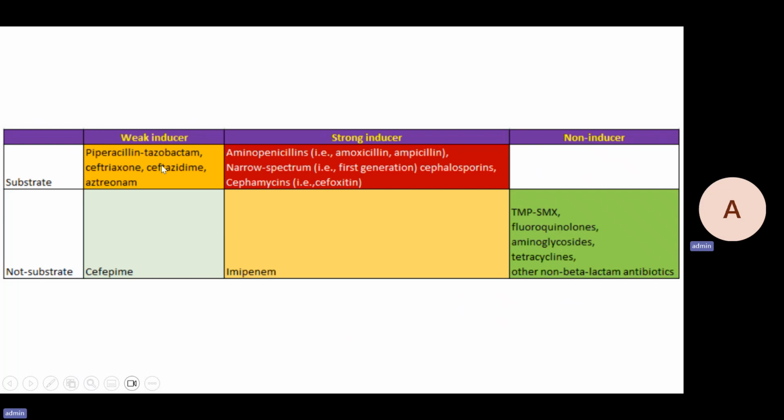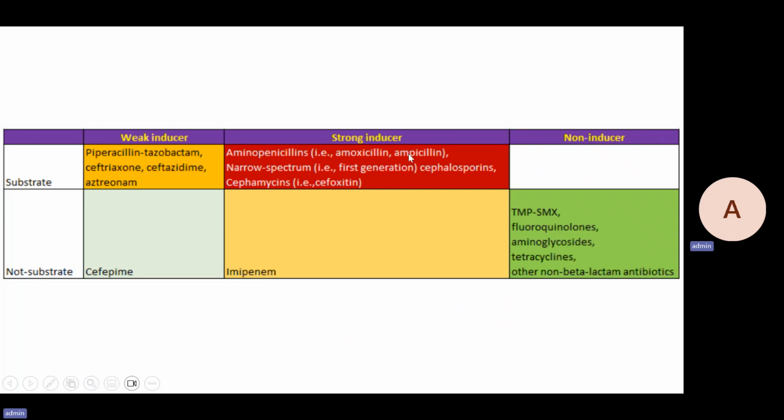So treatment will fail. So for example, I've got a patient with a blood culture which is Citrobacter freundii, and I've given them piptaz. There is a small chance that piptaz might induce AmpC production in Citrobacter freundii, and if it does, then treatment will fail because piptaz is a substrate of AmpC. It will break it down.